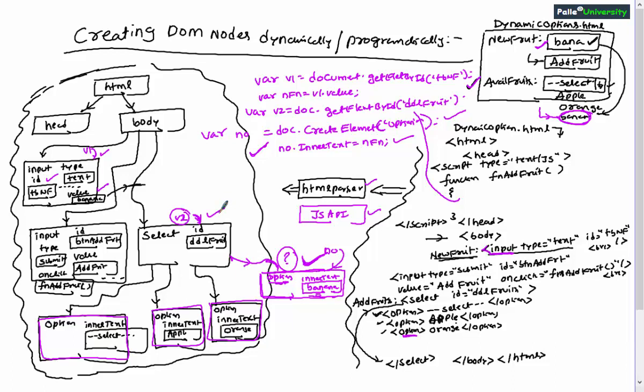In order to achieve this, you have to write v2 dot, there is a function called appendChild. In the JavaScript API, there is a function called appendChild. Into this appendChild function, whichever node you would like to make a part of the existing node, or if you want to relate two nodes by a parent and child relationship, you have to call appendChild. I am calling appendChild by using v2.